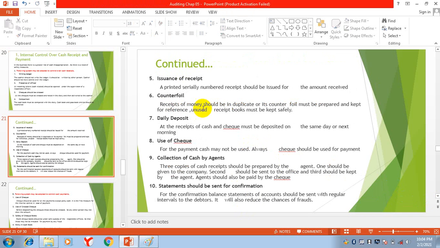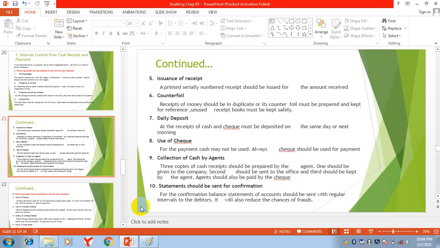Then we discussed issuance of receipts. Printed, serially numbered receipts should be issued for the amount received.